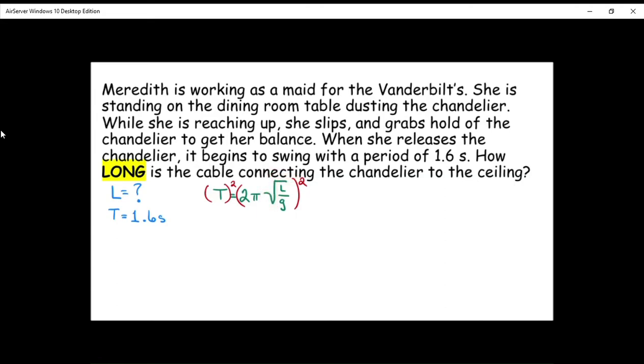When we do that, we get T squared. 2 squared is 4. Pi squared is pi squared. When you square root the whole L over G, you just get L, all that over G. Again, we need to isolate L.